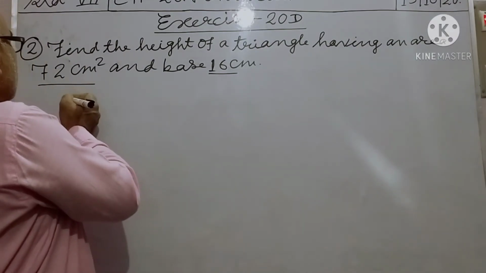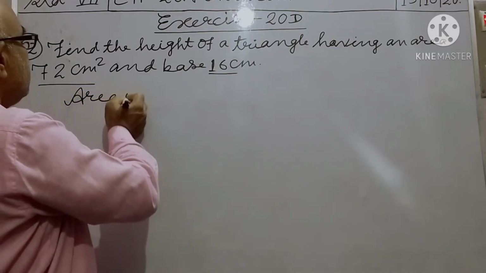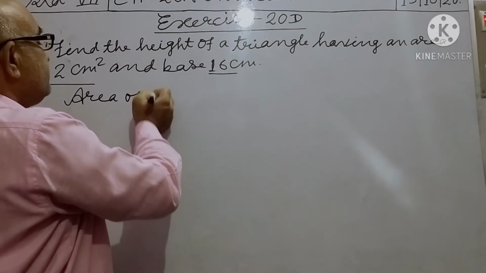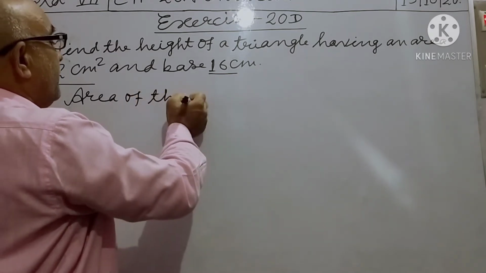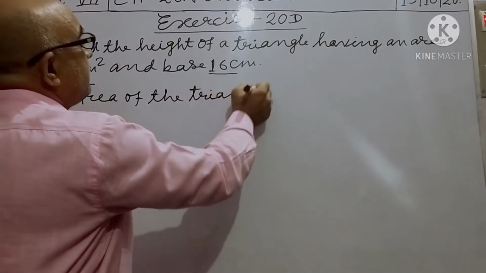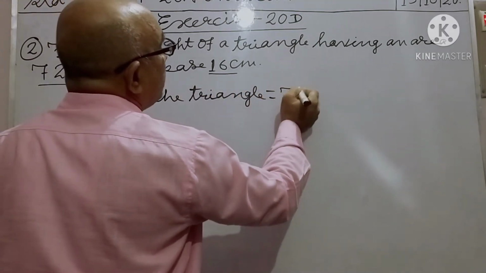So, area of the triangle equal to 72 cm square.